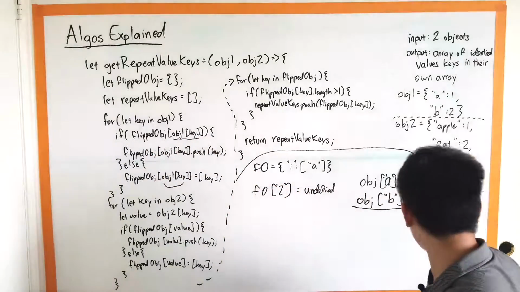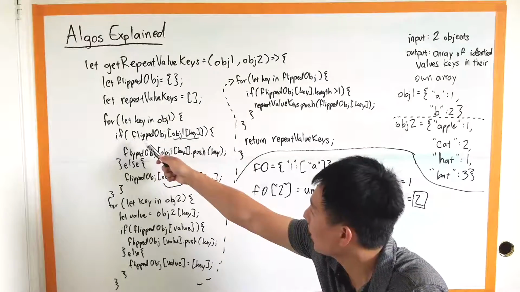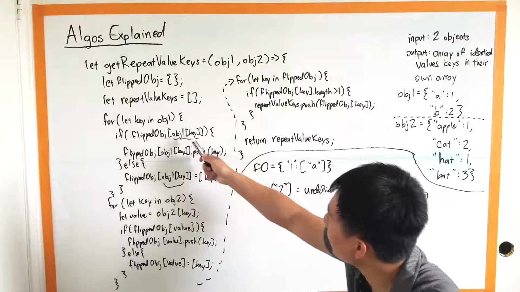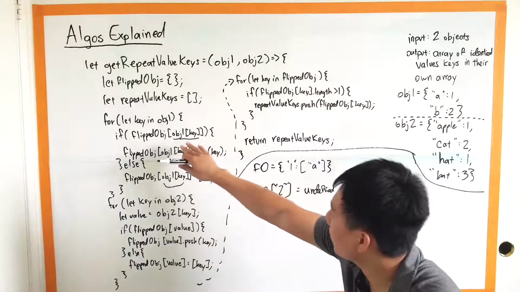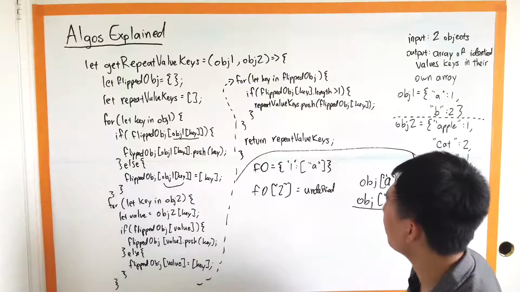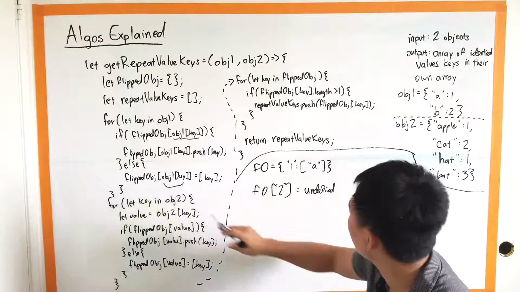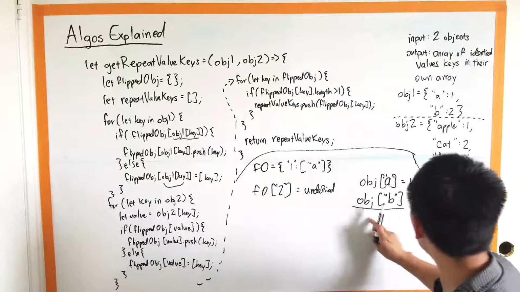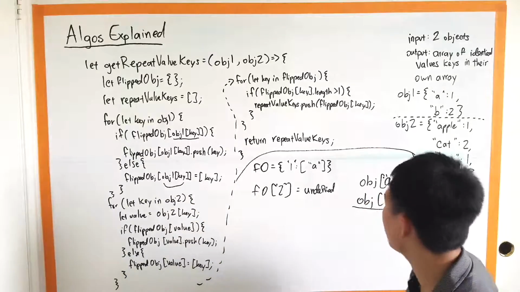But getting back on topic, it checked, okay, tap into that, pretty much FO of 2, and give me what it returned. It returned undefined, that's falsy, so we're going to this else, and we're creating object 1 of key, that's 2, we're looking at the 2. 2 is equal to that array.